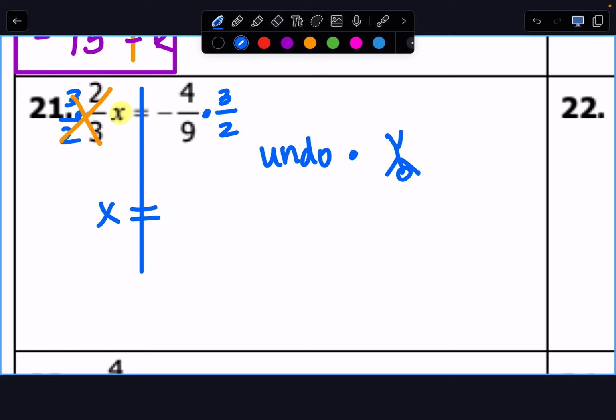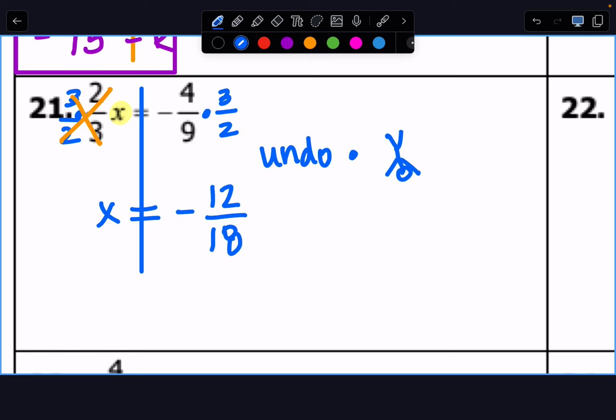Okay. Now, first of all, what kind of answer are we going to have? Positive or negative? We're going to have a negative because we have a negative times a positive. Okay. What is 4 times 3? 12. 9 times 2? 18. Okay. Is that an answer that I want you to leave?